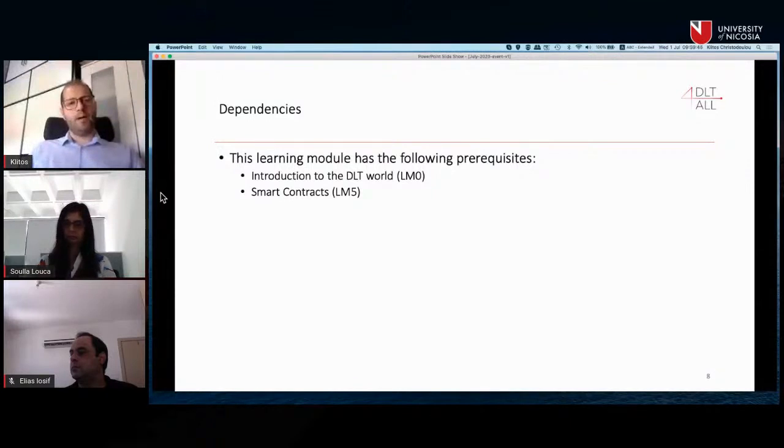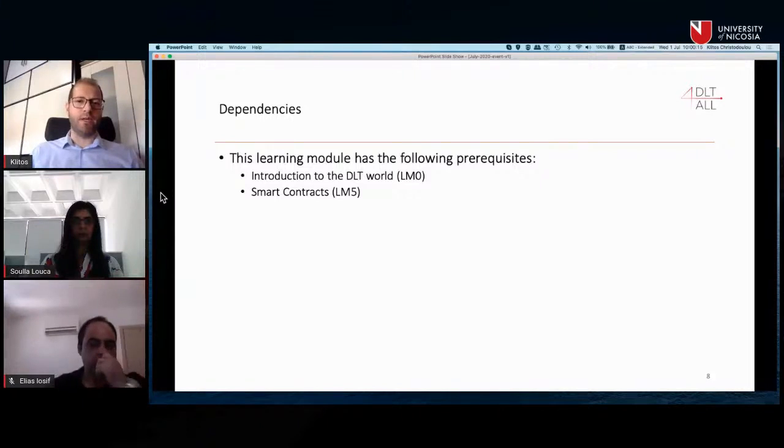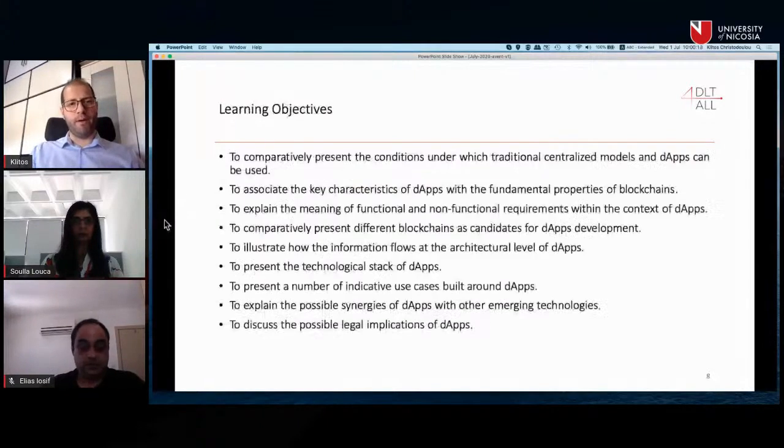And then it will also have links with the learning module 5, which has to do with the implementation of smart contracts and showing mostly how developers can use either the Solidity language, which is becoming the de facto standard for implementing smart contracts, but also other languages that could be used for implementing smart contracts on distributed ledger technologies. So these are the prerequisites for the learning module 7.